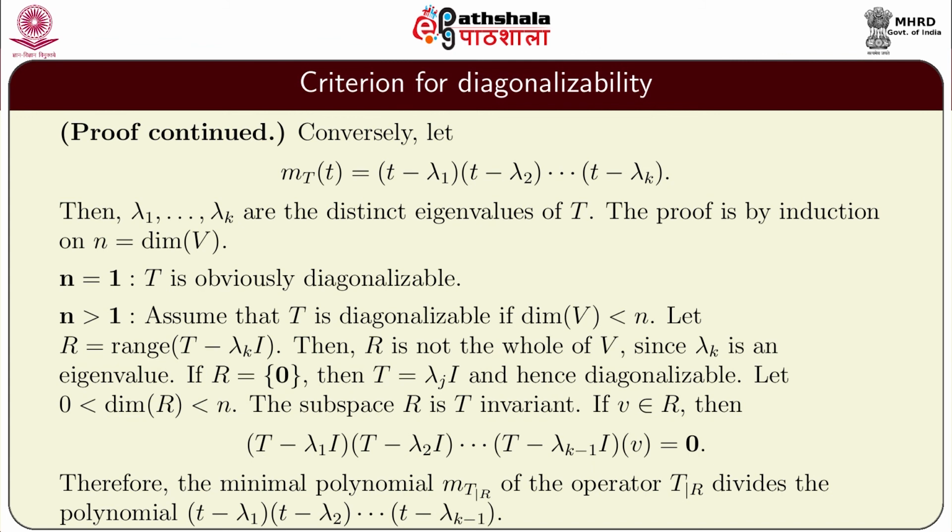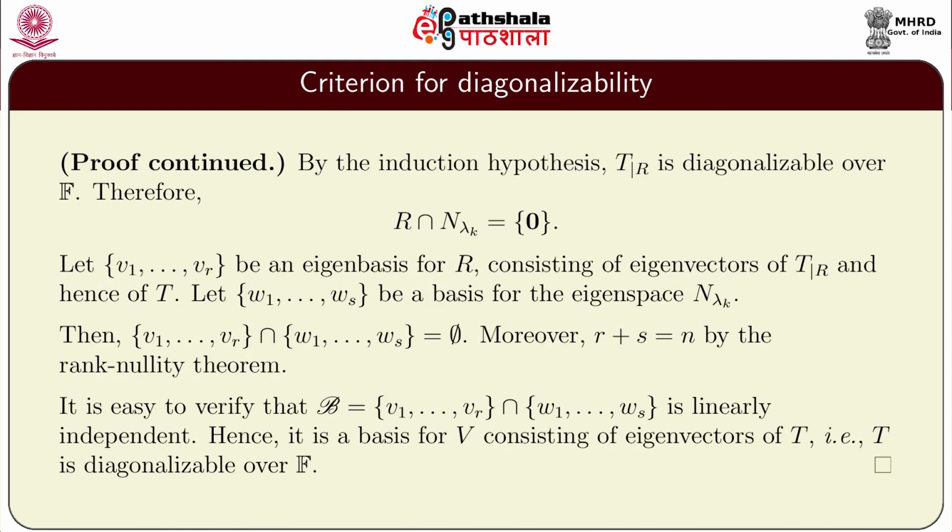Therefore, the minimal polynomial of the operator T restricted to R divides the polynomial (t minus lambda 1)(t minus lambda 2) and so on up to (t minus lambda k minus 1). So, by the induction hypothesis, T restricted to R is diagonalizable over the field F. Therefore, the intersection between R and the eigenspace N(lambda k) must be trivial, that is, the singleton 0 vector.